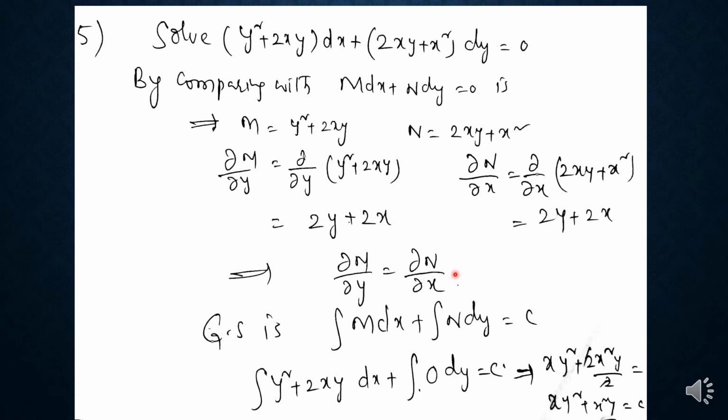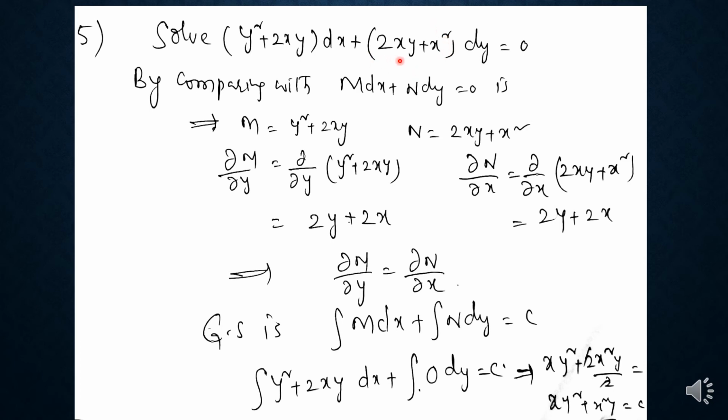So what is the general solution for the exact differential equation? We should write the general solution of the exact differential equation as integral M dx plus integral N dy is equal to c. So that is integral (y square plus 2xy) dx plus, here while taking N we should take only the terms which are free from x.